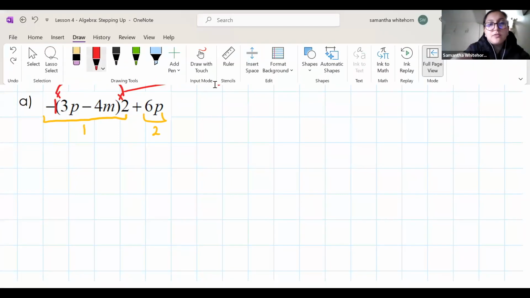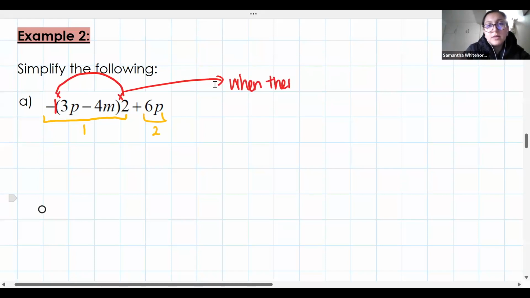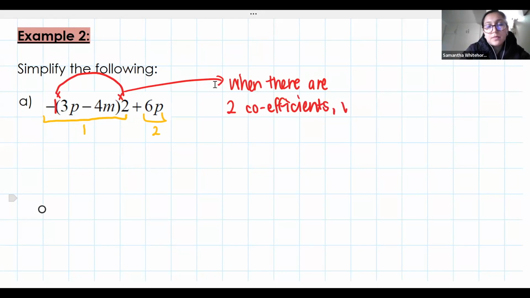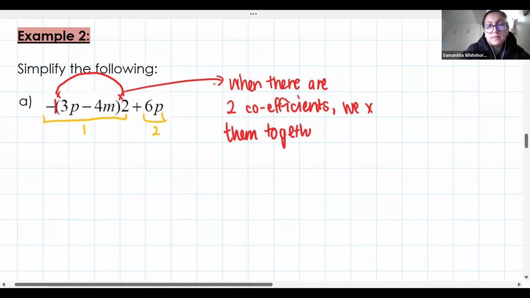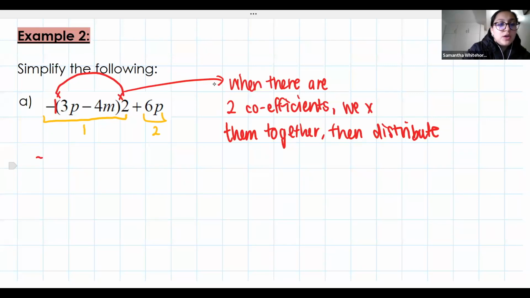So when we have 2 coefficients, we times them together, and then we distribute that product. All right, so if we times the negative 1 and the 2, we end up with negative 2. And that is what I'm then going to distribute into this bracket in order to simplify my first term.